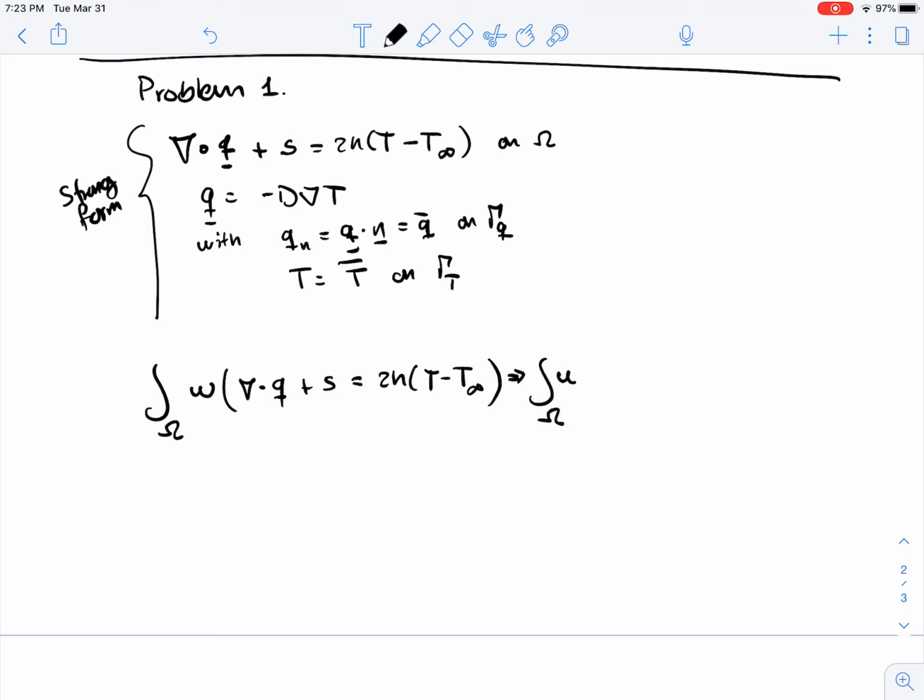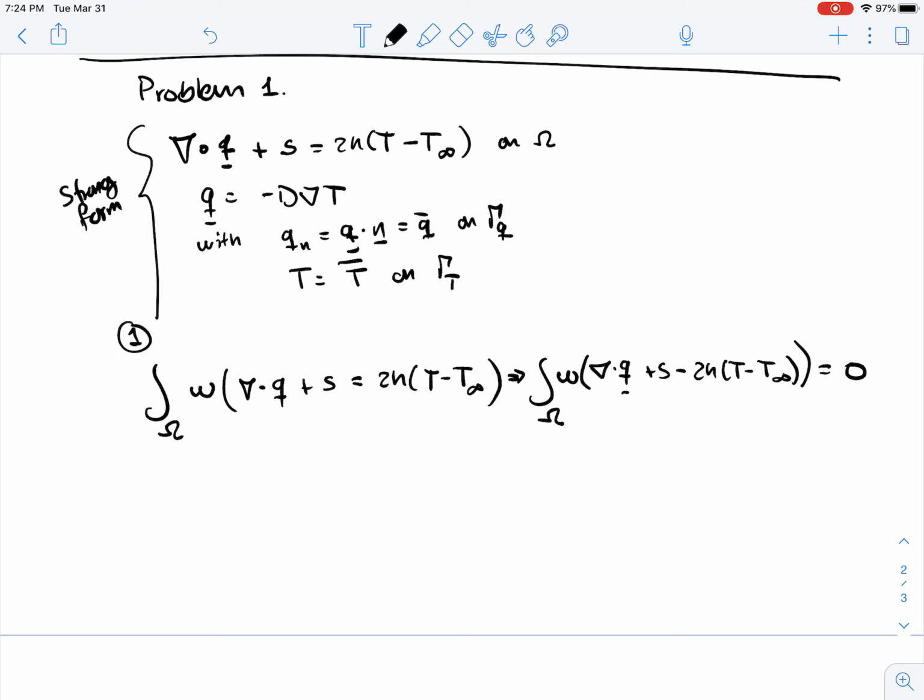So what I'm going to end up with is the integral over omega of w times the divergence of the flux plus the source term minus H times T minus T infinity. So now this makes sense actually.